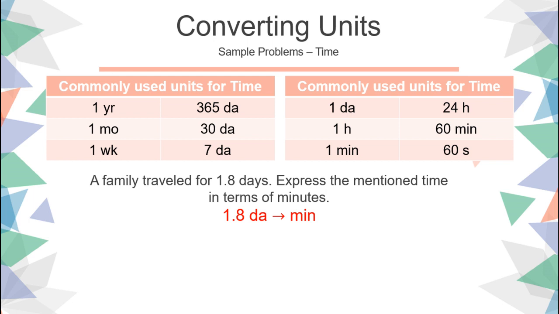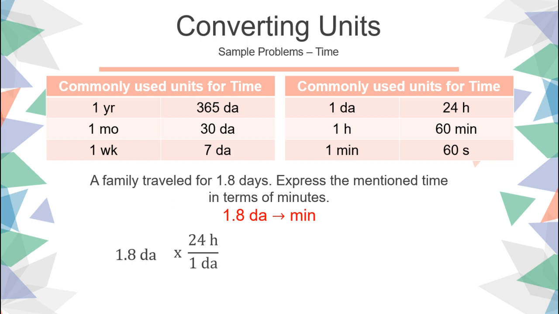So, copy the given. And then, look for the conversion factor from days to minutes. In our table, 1 day is equivalent to 24 hours. And then, we have an hour, which is 60 minutes. So, let's do that.